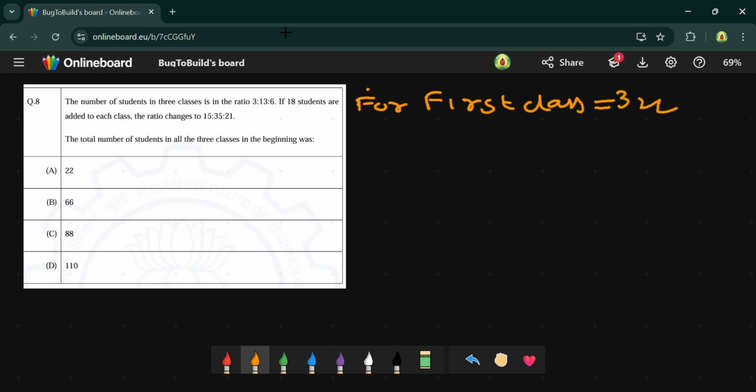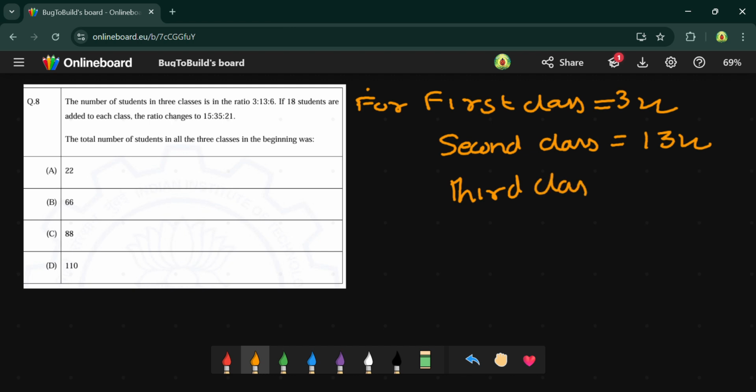For the second class it will be 13x, and for the third class it will be 6x.